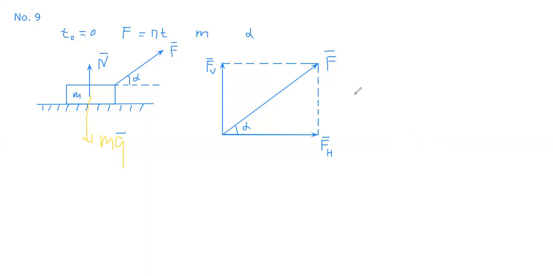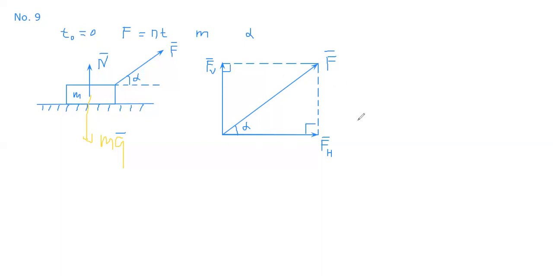Okay. How to find the modulus of the vertical part and the horizontal part, because here the angle is 90 degrees.